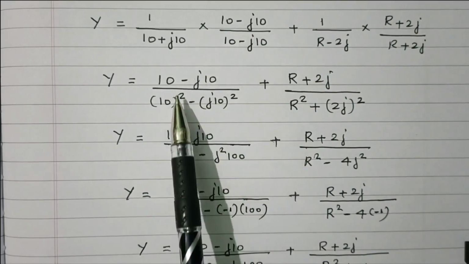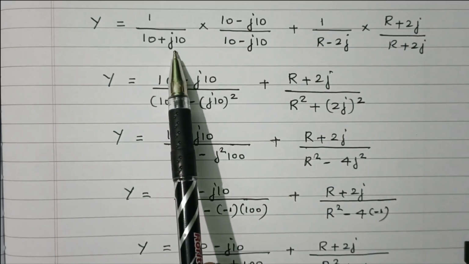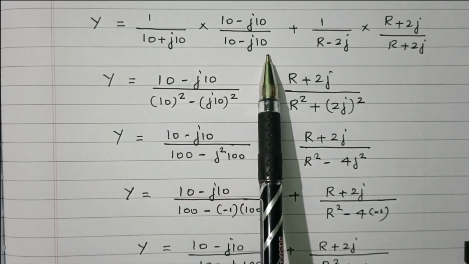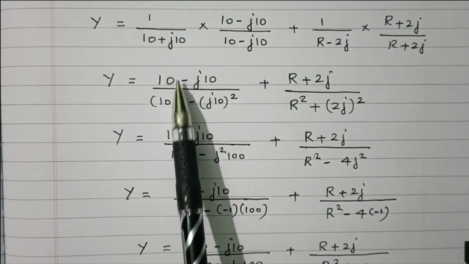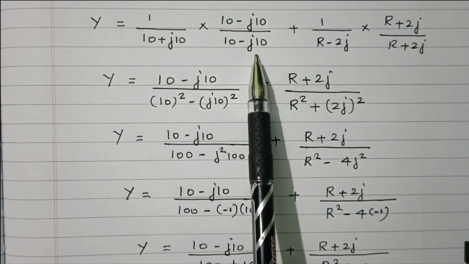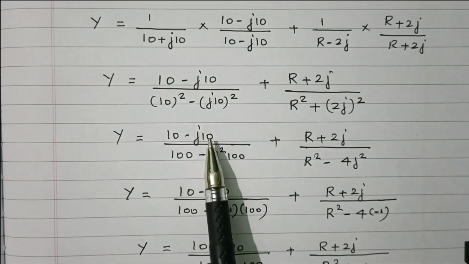Now we'll simplify this. So 10 minus j10 divided by, this is nothing but (A plus B) into (A minus B), which is A square minus B square. A is 10, B is j10. So 10 square minus (j10) square.